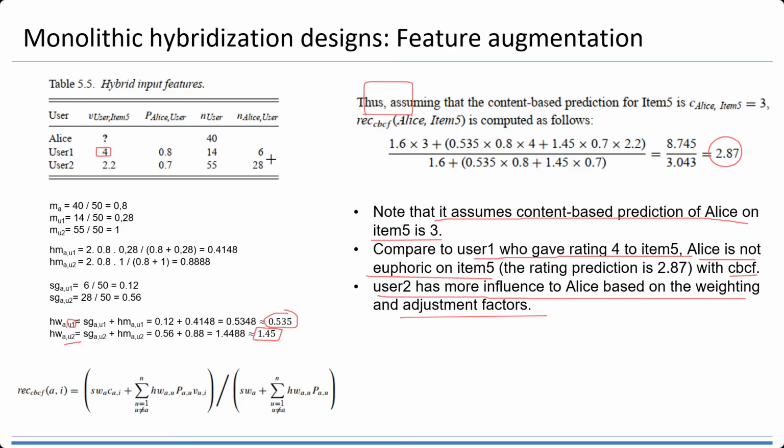Maybe because user 2 gave many ratings to the items, and there are many ratings that overlap with Alice. So that's why user 2 contributes more to the rating for Alice.